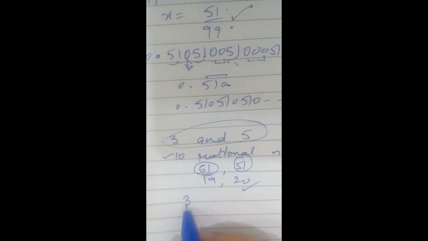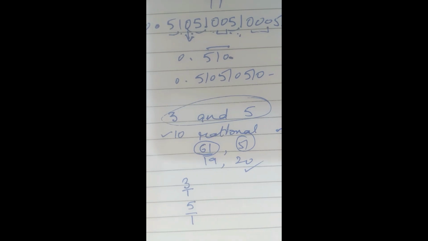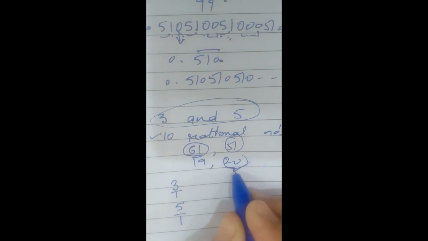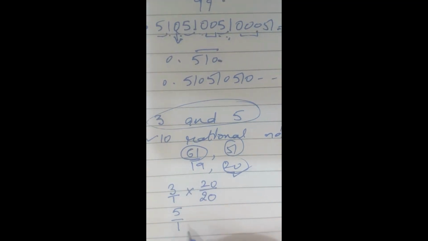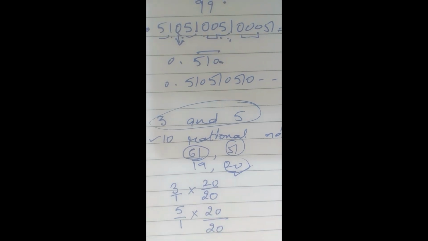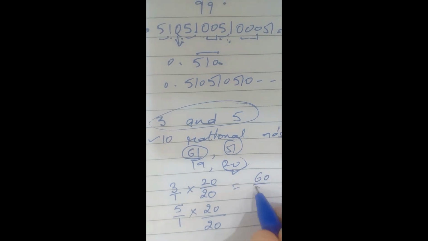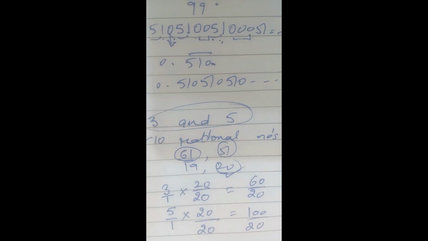Then, since you are having number 3 and number 5, first of all, we know we can represent them as 3 by 1 and 5 by 1. Clear? Now, since I have selected the number 20, I will multiply the numerator as well as the denominator by it. Same way here. Then this will give me 60 upon 20 and this will give me 100 upon 20.